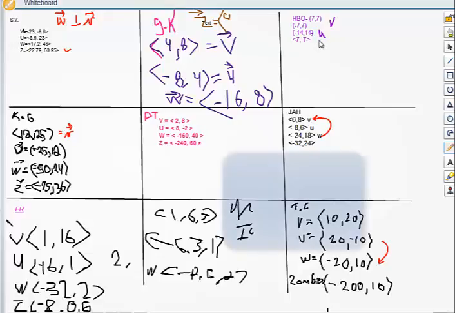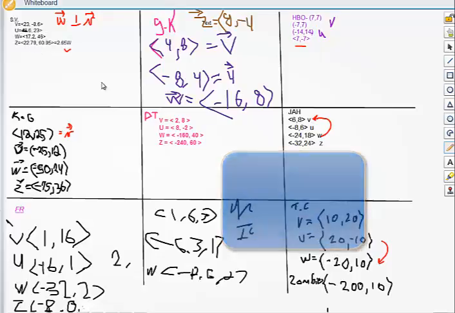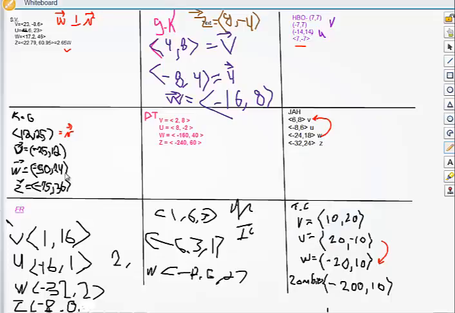Anaconda, let's see. Where's your Z vector? Is this it? Kaylee, negative 75. So you tripled, okay, good.